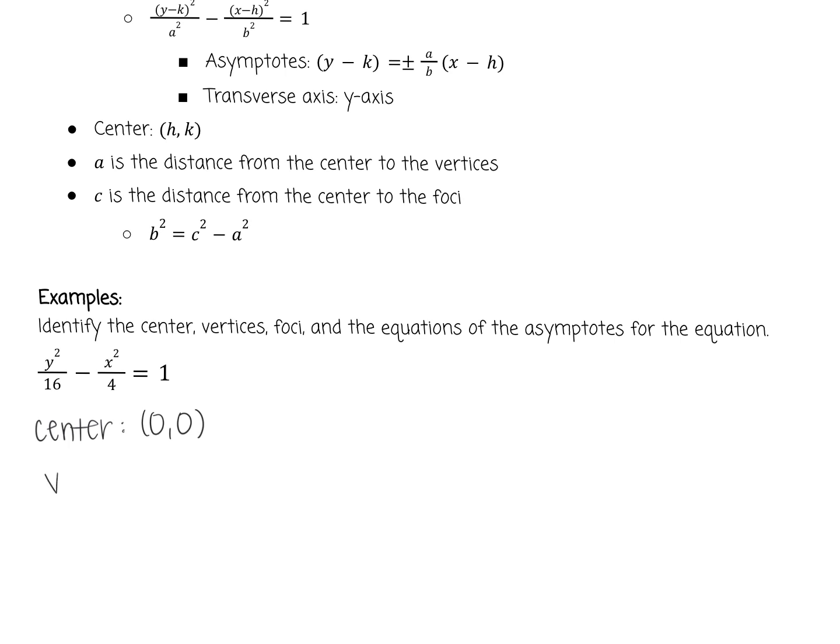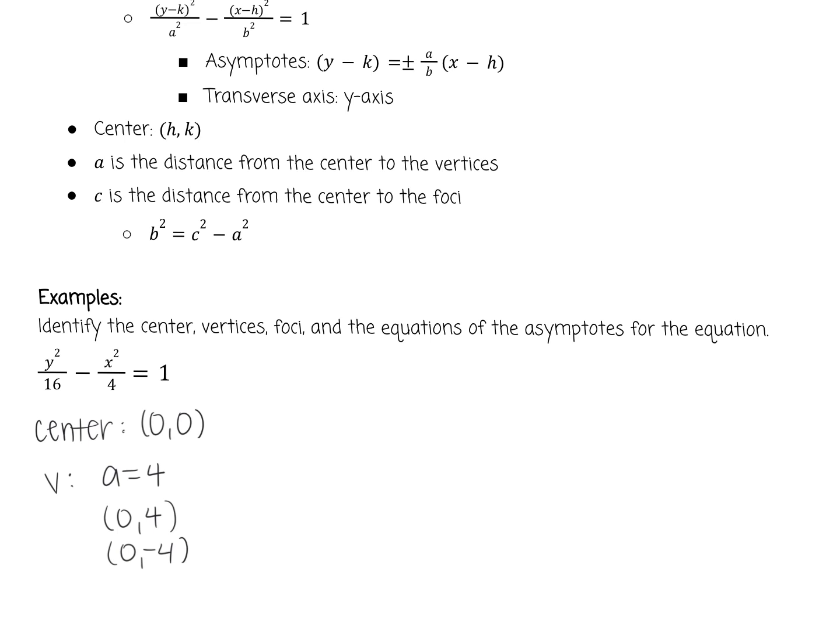Then for the vertices, a squared is always first, and a is always where your vertices are going to be. So a is going to be 4, and whichever variable is first is the variable you add and subtract to find your vertices. So my vertices are going to be at (0, 4) and (0, -4), since y is first.